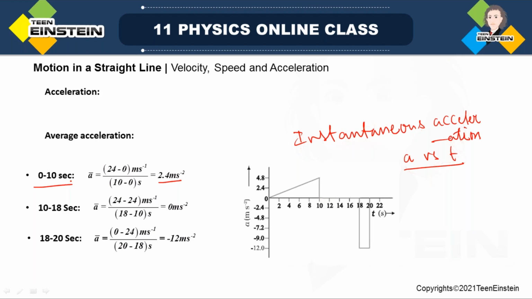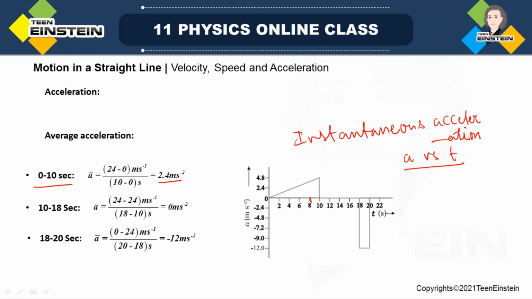Actually, I should not say at 10, because exactly at 10 it becomes 0. I should say up to 8 second. At 8 second it is 2.4. Since it is uniform acceleration, the instantaneous acceleration at any instant of time is the value of the average acceleration at that particular instant for a uniform motion.